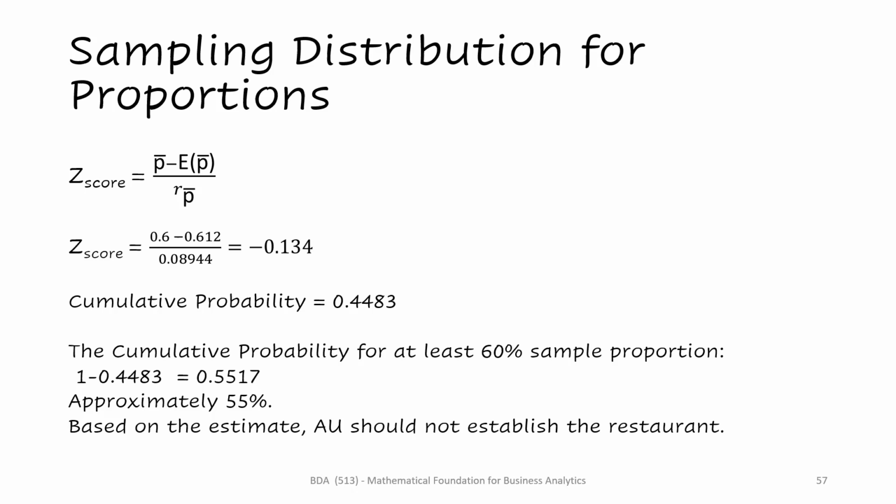Yes, Francis. Nana, please, where from the one that we deducted the 0.44 from? Why do we deduct from 1? Okay, the probability that we calculated, you understand how we got the 0.4483? Yeah, very well. So I think that should be the final probability. That's the probability for 60%. But we want probability for at least 60. Oh, okay.